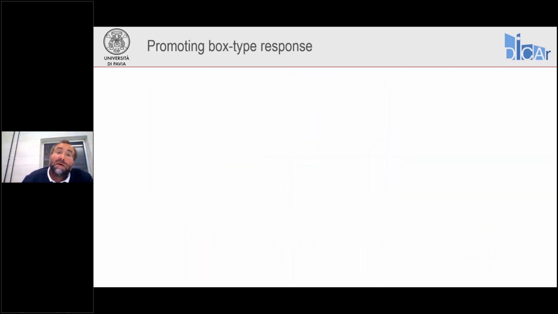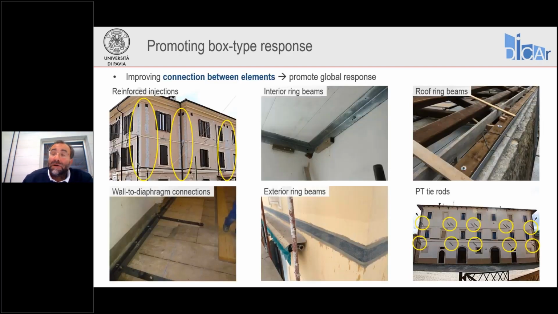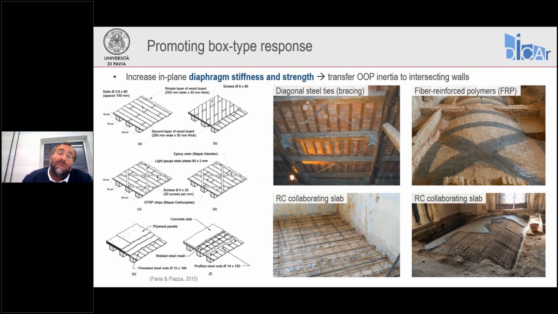So how can we promote a box type response? Well, in the previous sessions of the webinar series, probably in the first webinar, if I remember well, we already saw this slide. Basically, we have different techniques aiming at improving the connection between elements, between intersecting walls and between walls and diaphragms. And also, we have other methods for increasing the in-plane performance of our diaphragms.